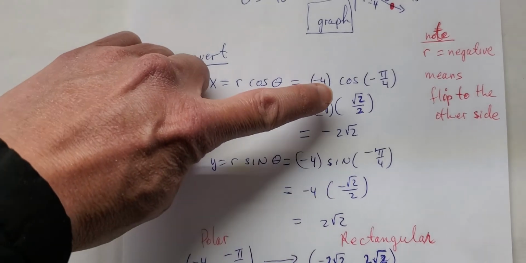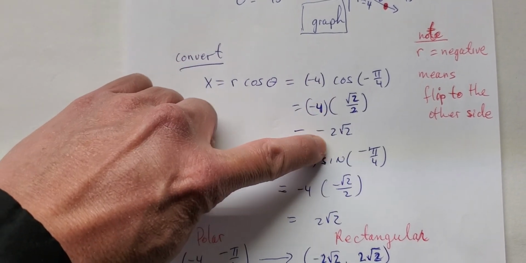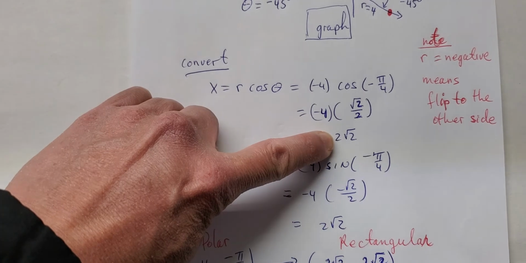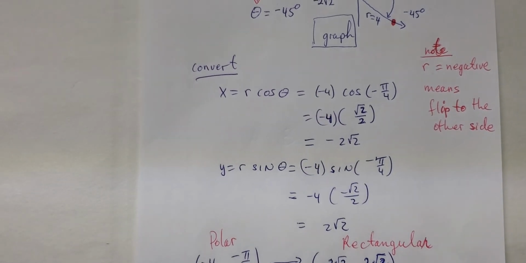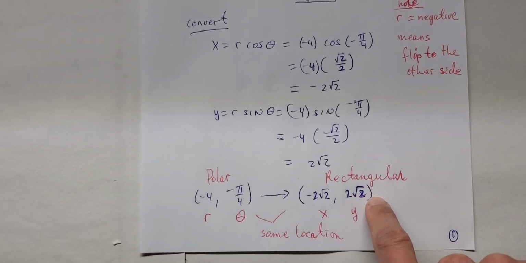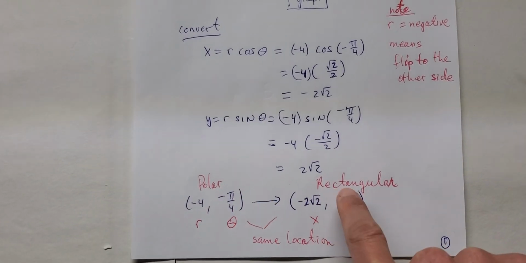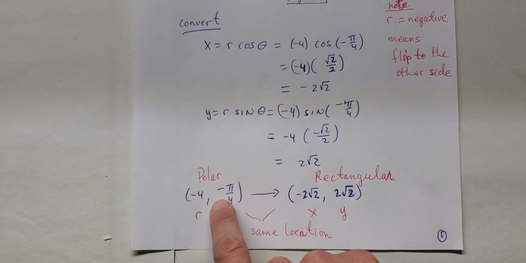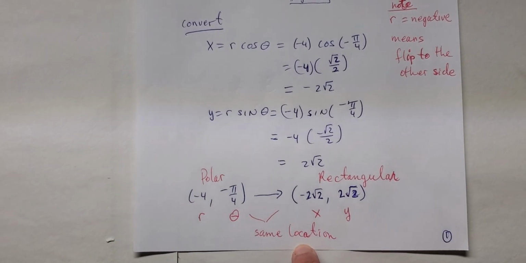Same thing here. So be careful. This is how to convert polar to rectangular. Different writing, same location.